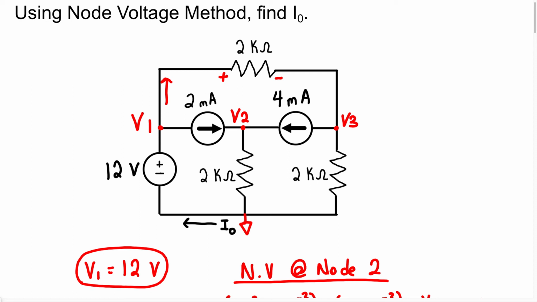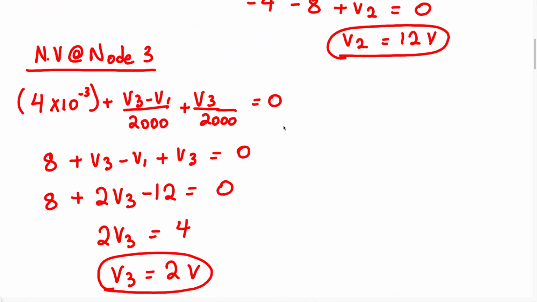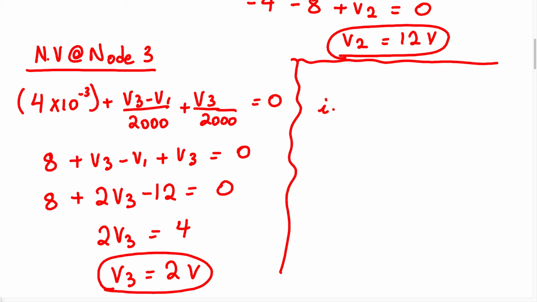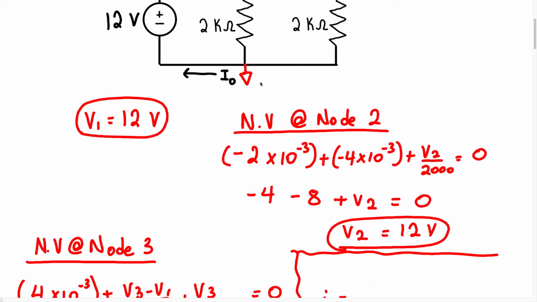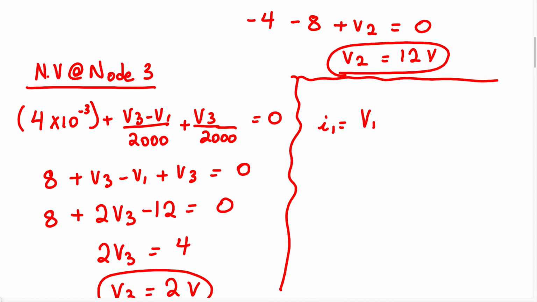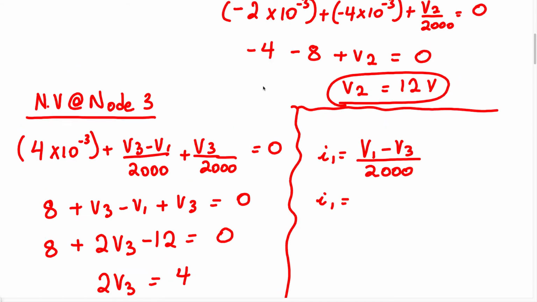So to find the current, let me label the current I sub 1. So we're going to have a current I sub 1 that's going to flow in this direction. So to find I1, I1 equals V1 minus V3 divided by 2000. We know the value of V1 is going to be 12 volts.